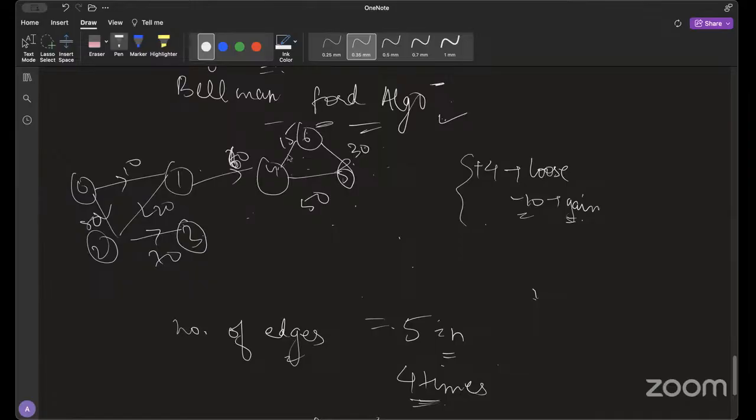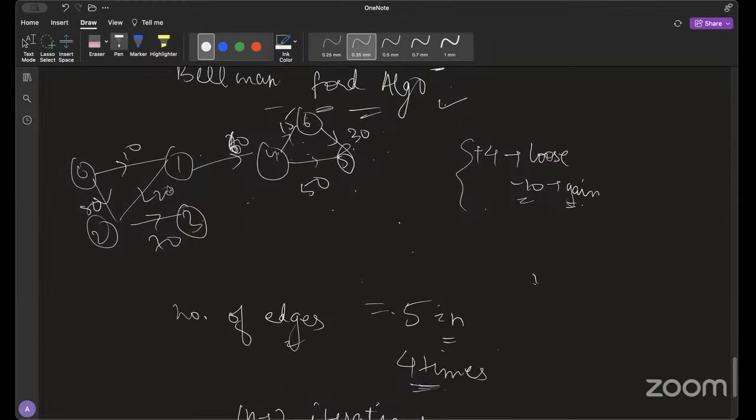So the number of edges are 1, 2, 3, 4. First you mention all the edges here.